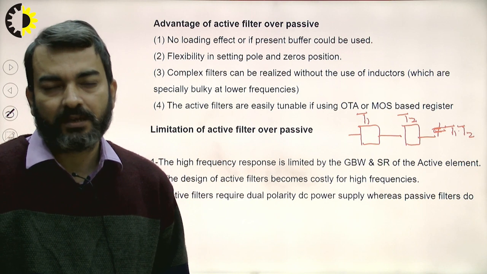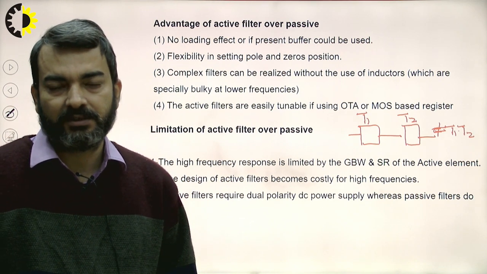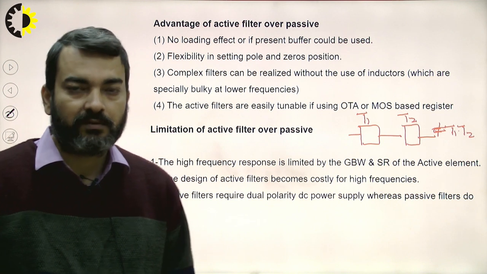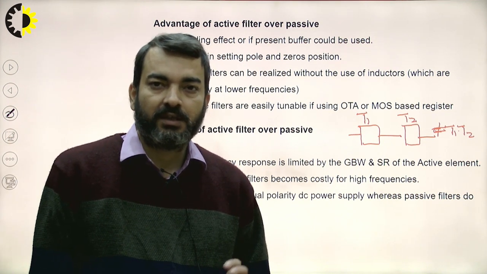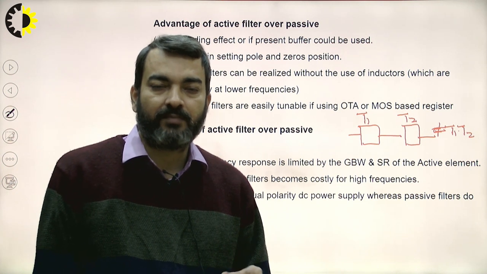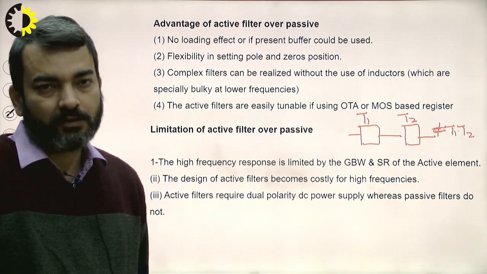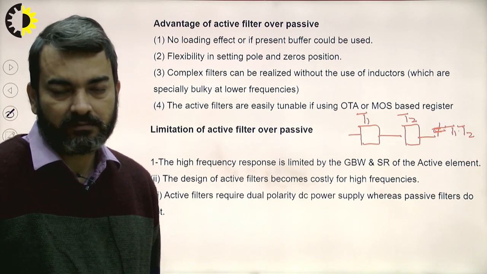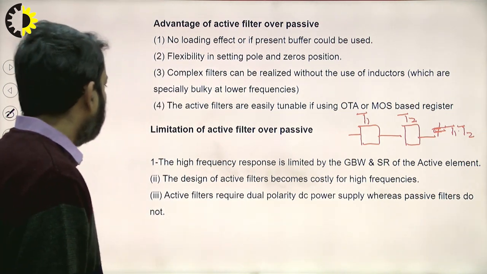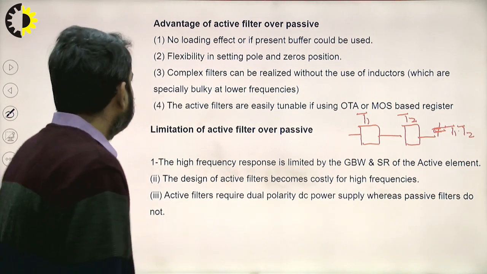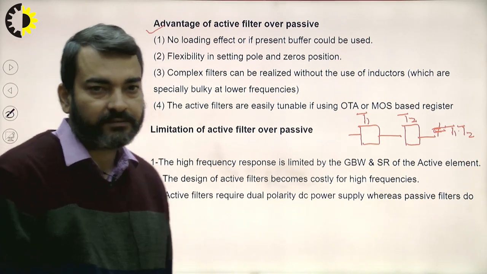These three parameters create unwanted changes in filter parameters. So if we have the tunability feature, then we can retune the filter parameters using whichever tunable mechanism we have, whether MOS resistor or OTA. So this is the advantage of active filters over passive.